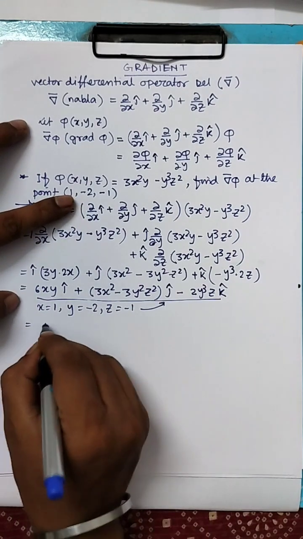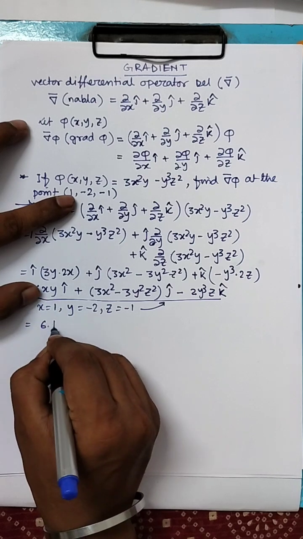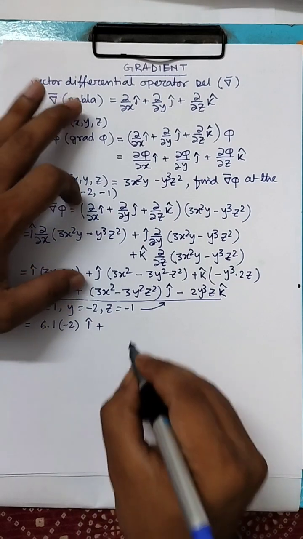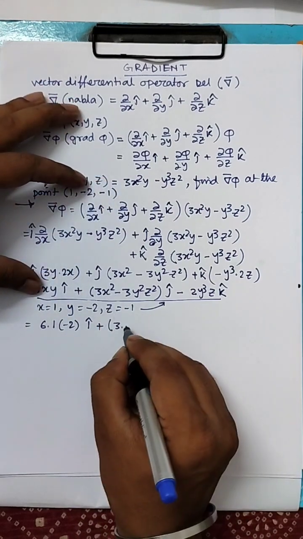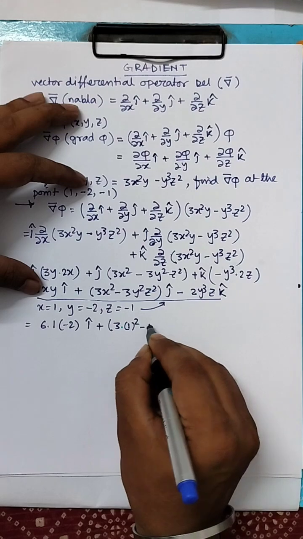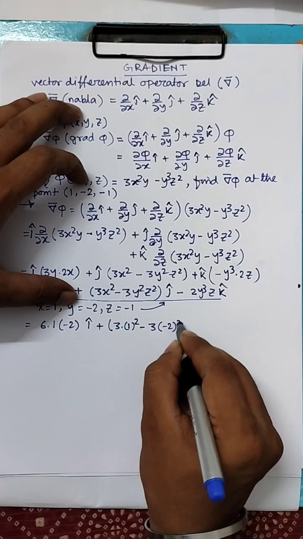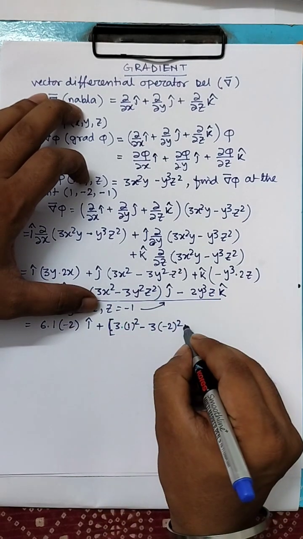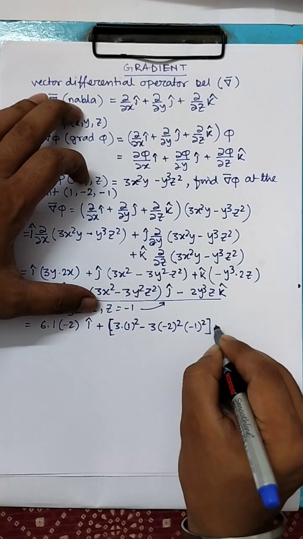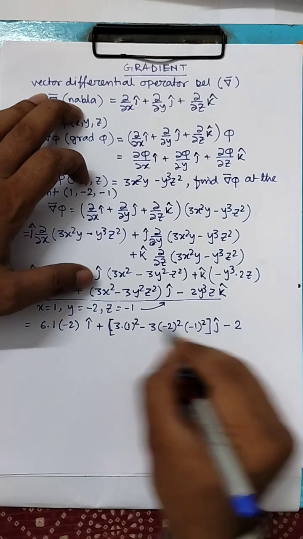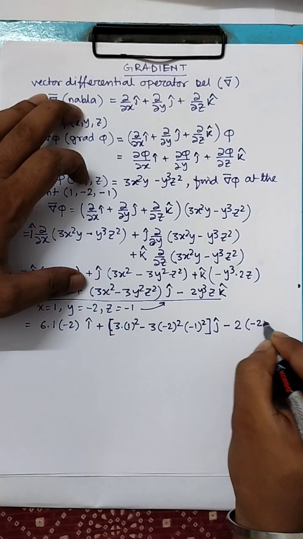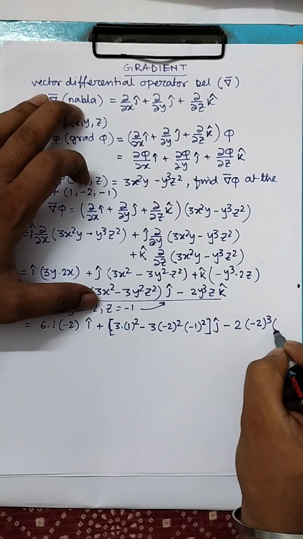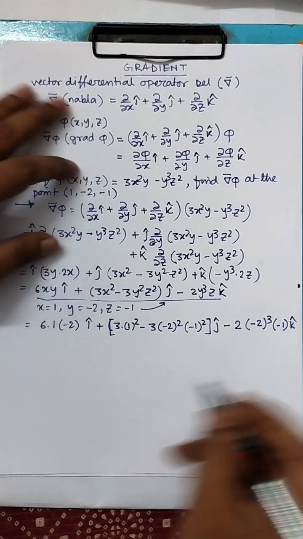So 6 times x, which is 1, times y, which is -2, i remains the same; 3 times x², x is 1, minus 3 times (-2)², because y², times z², so (-1)², j; minus 2 y³, that means 2 times (-2)³, times z, the value of z is -1, and that is k.